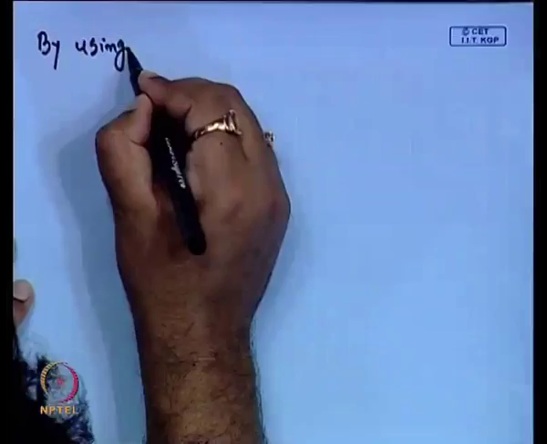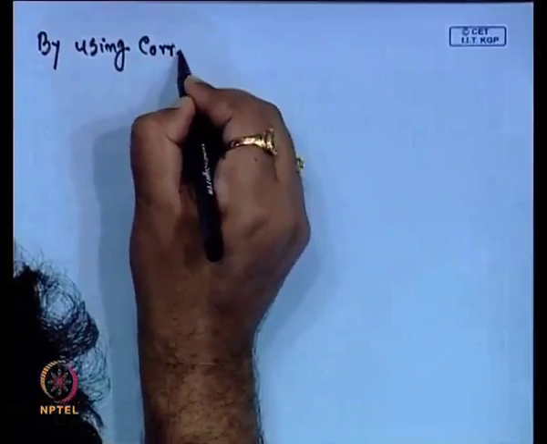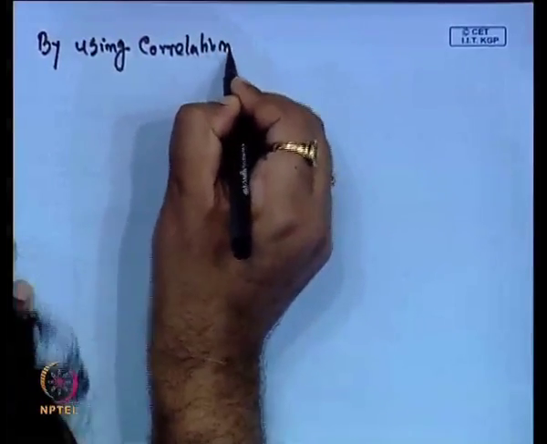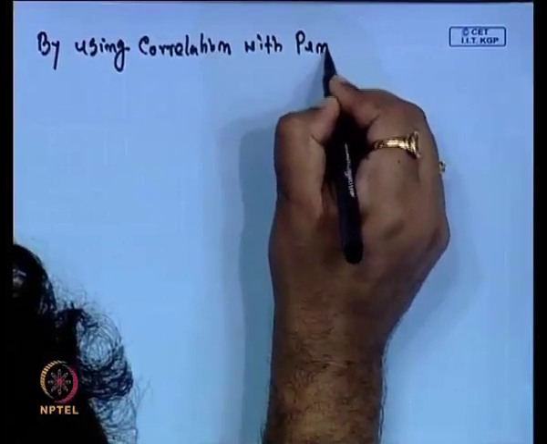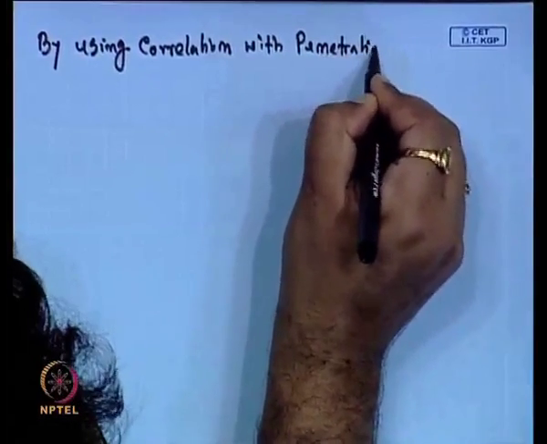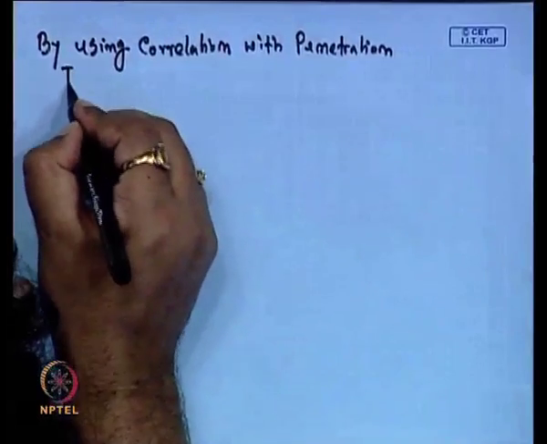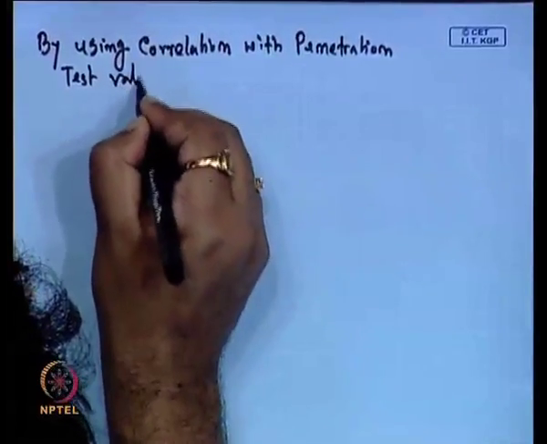The next one, the fourth method, is that we can determine the pile load capacity by using the correlation with the penetration test value.